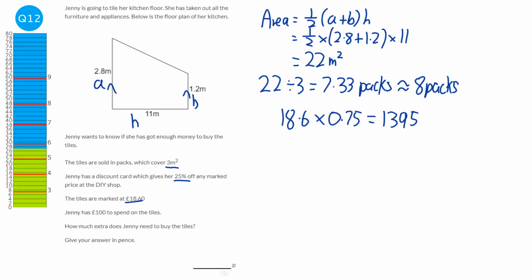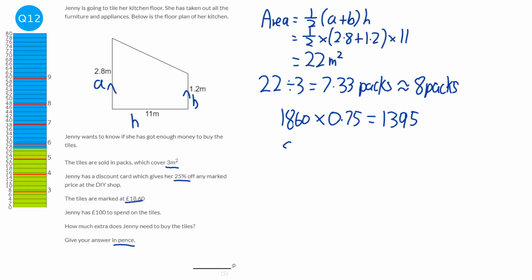Now I've done this in pence and I've kind of muddled it together here, so really let's just go back. So that would be 1860 times 0.75, and so each pack will cost 1,395, and the reason we're doing this in pence is the answer needs to be given in pence, so I might as well just make that conversion now.